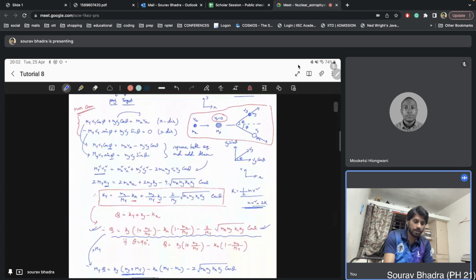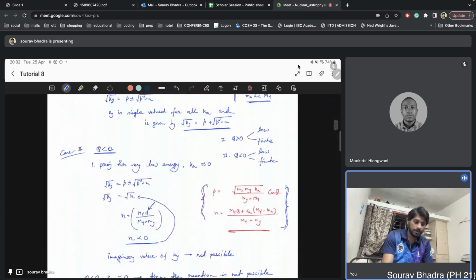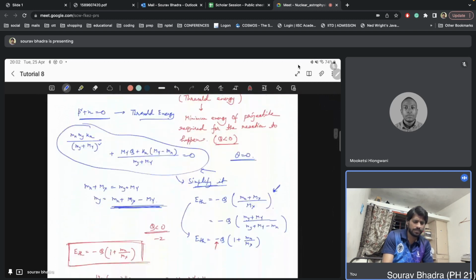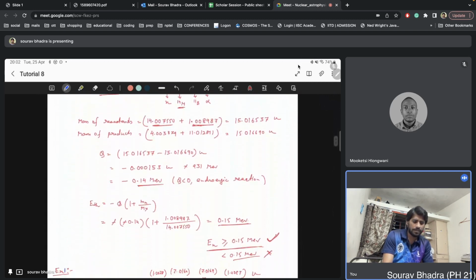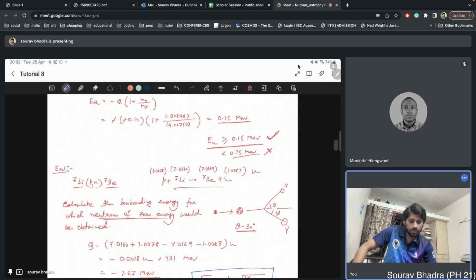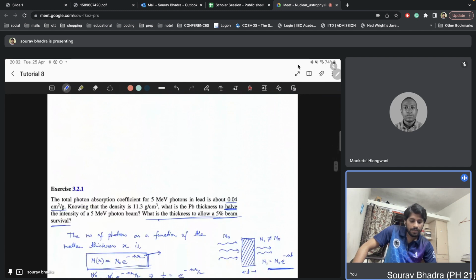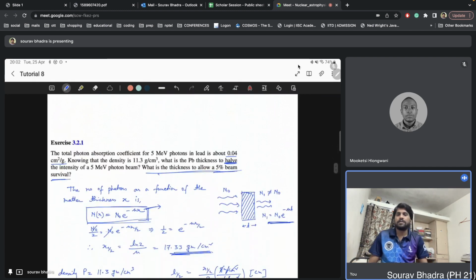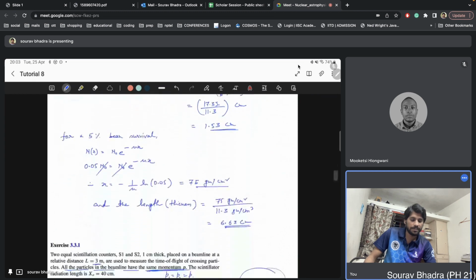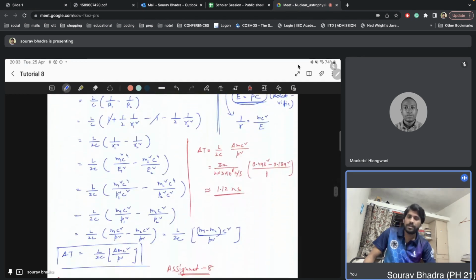I have gone through the theory and background of the kinematics, different conditions, and based on that threshold energy problems, some different problems, then radiation matter interaction or light matter interaction problems, radiation detectors, time of flight type problems, and also the assignment problems.